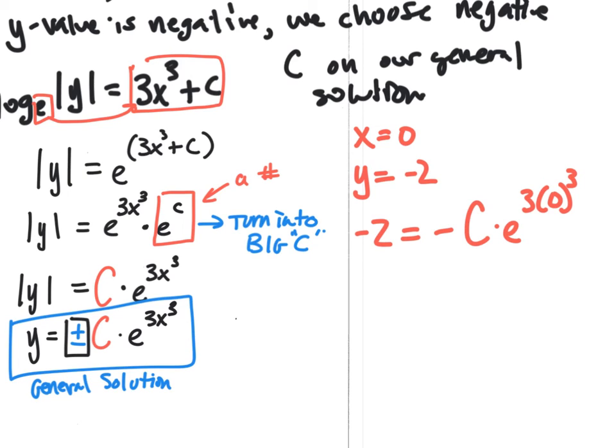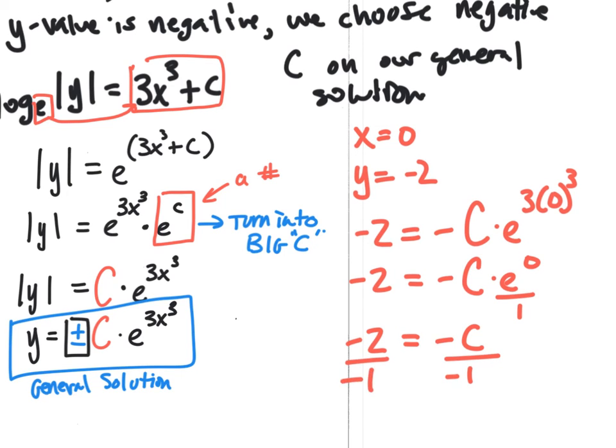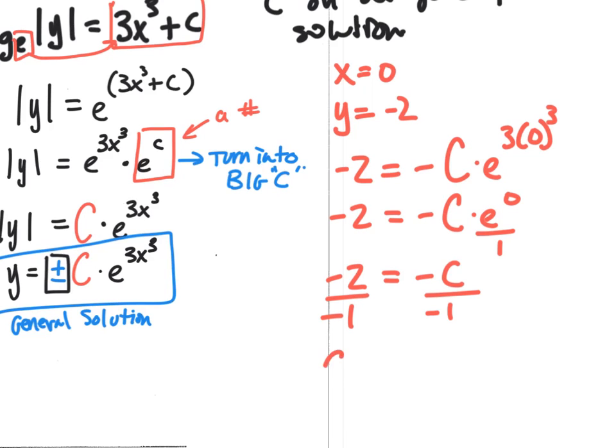So now what I've got is negative 2 is equal to negative big C times e to the 0, okay? And e to the 0 is just 1, all right? So I end up getting that negative 2 is equal to negative C. So if I divide by negative 1 and divide by negative 1, I end up getting that my value for C is equal to positive 2, okay?